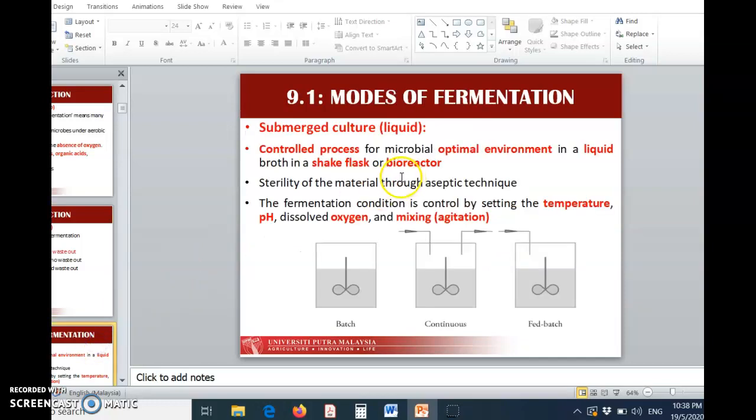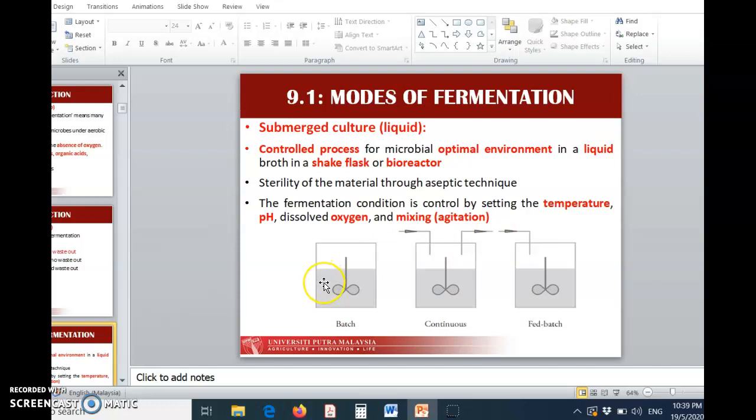Submerged fermentation, which is liquid, is a controlled process for microbial optimal environment in a liquid broth in shake flask or bioreactor. Actually, as long as you have a tank, it doesn't have to be shake flask or bioreactor. Sterility of the material is ensured through aseptic technique, because we want to make sure inside the fermentation tank we only have the strain or the microorganism that we want.